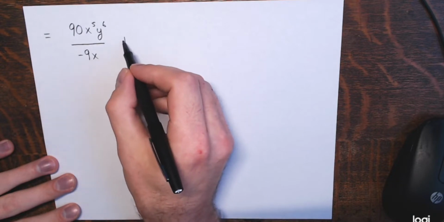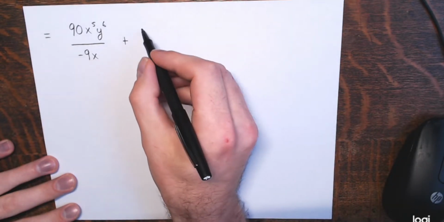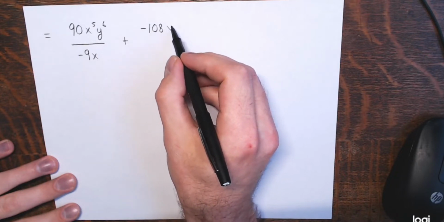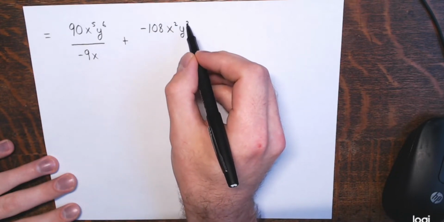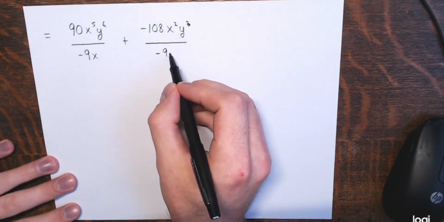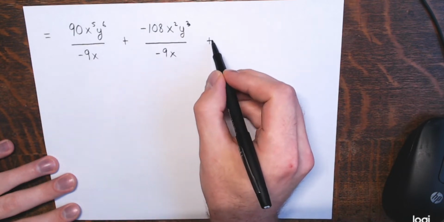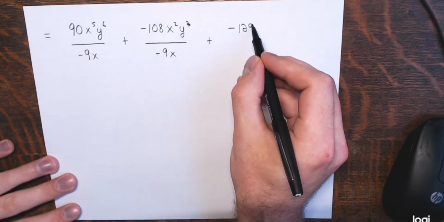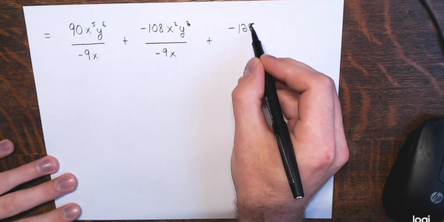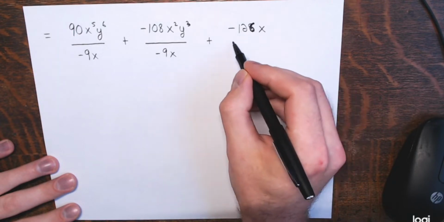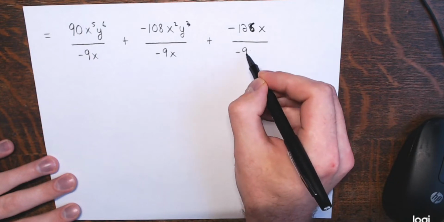Plus the next term in the numerator was negative 108 x squared y cubed, and again this is being divided by the monomial, the denominator, negative 9x. Plus, and then the final term in the numerator was negative 126x divided by that same denominator, negative 9x.